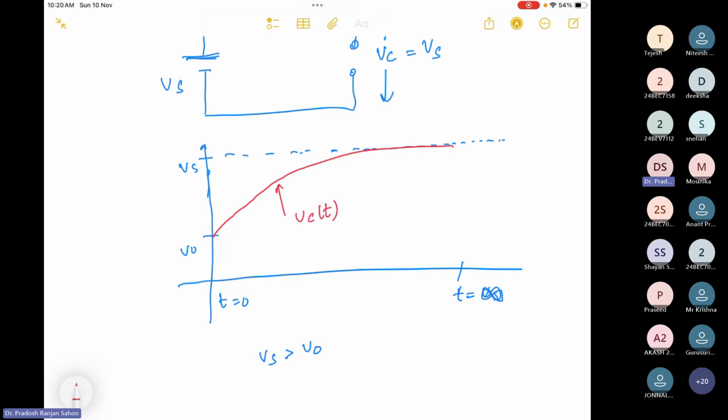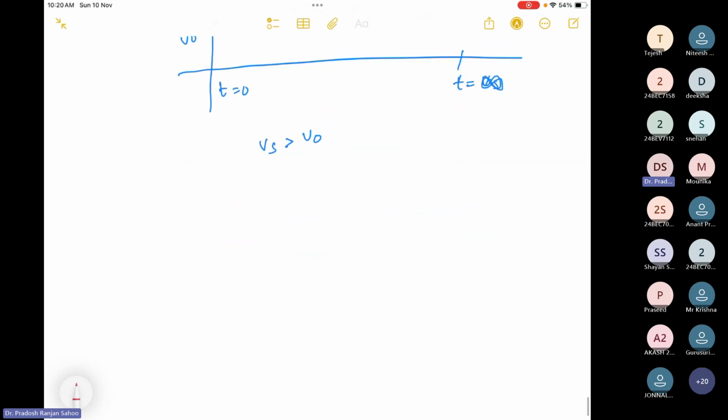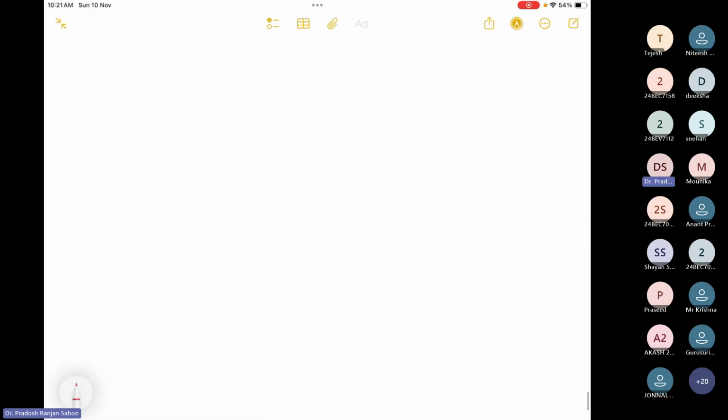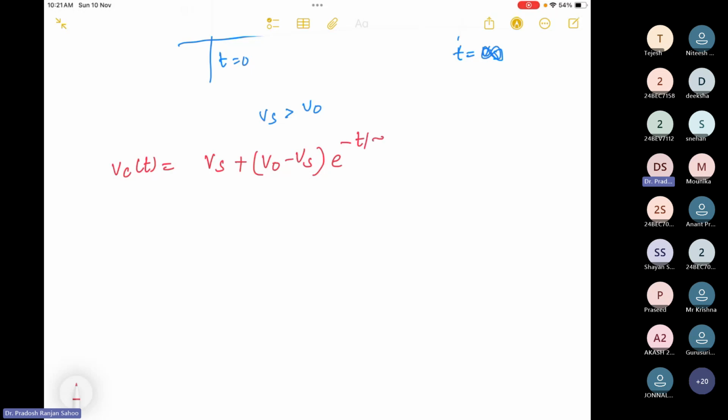The equation we need to remember here: Vc(t) equal to Vs plus (V0 minus Vs) into e to the power minus t by tau.